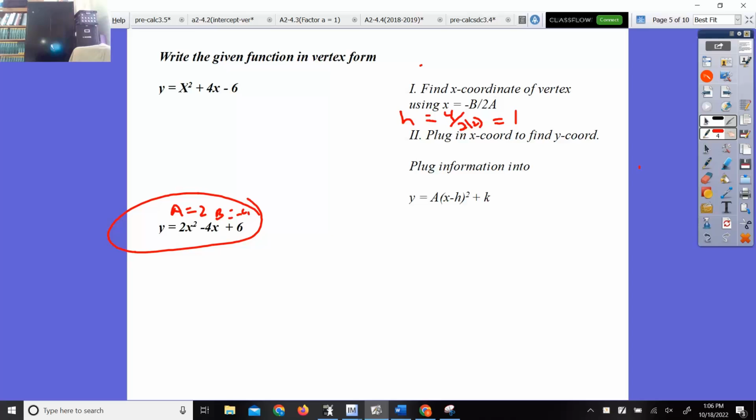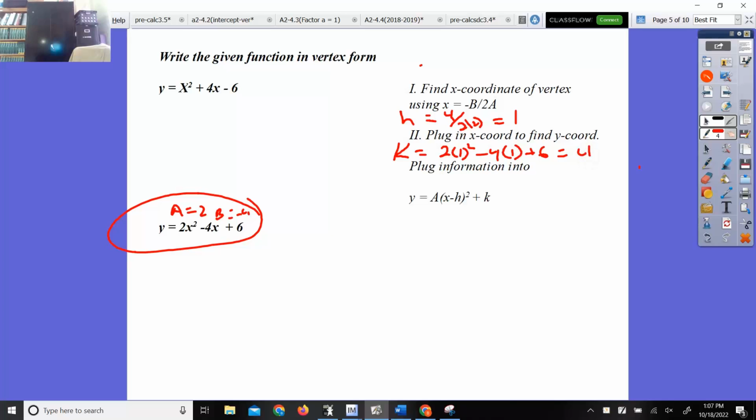Plug it in. Have x, plug it in. It is called k. K is going to happen when you plug a 1 in: 2 times 1 squared, minus 4 times 1, plus 6. What'd you get? 4.